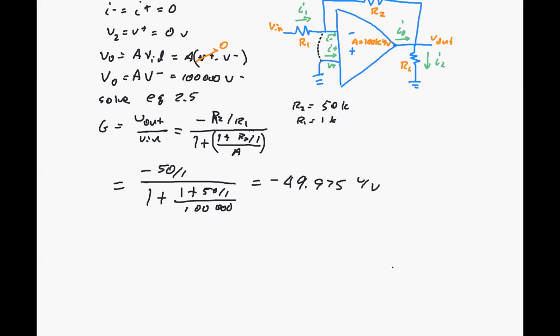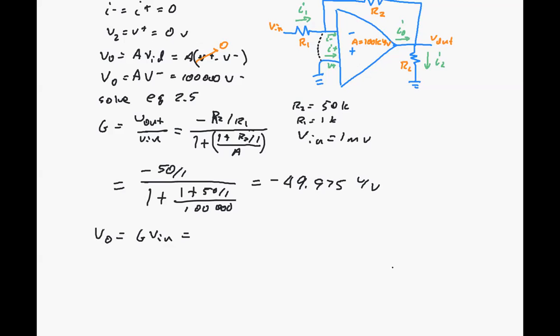So if we have Vn equal to 1 millivolt, then V out is G times V in. And of course, V plus is 0. So this statement here is still true, that A times VID is what we're really amplifying, but now we have A times V minus. Sorry, that's a little bit confusing, so I'll just stick with this.